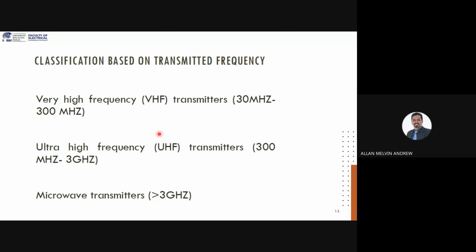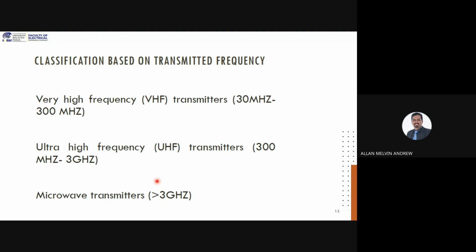So there are various types of transmitted frequency that we can classify. Then, quite common now, are microwave transmitters, which can cover more than 3 gigahertz. As I said, the radio frequency spectrum is very large, so you need to decide which frequency range you want to use. When you buy the radio transmitter, make sure it follows the frequency range you want.